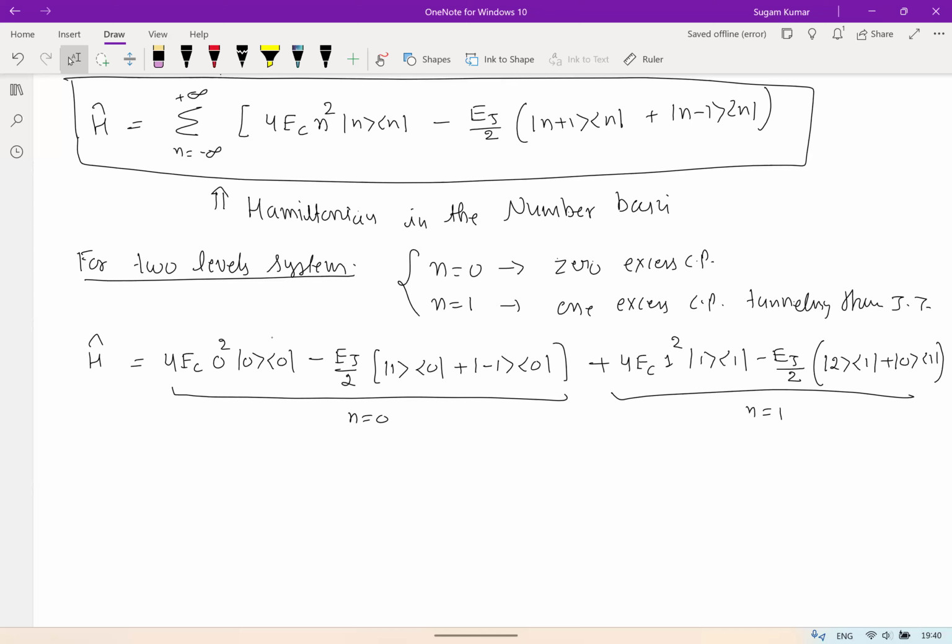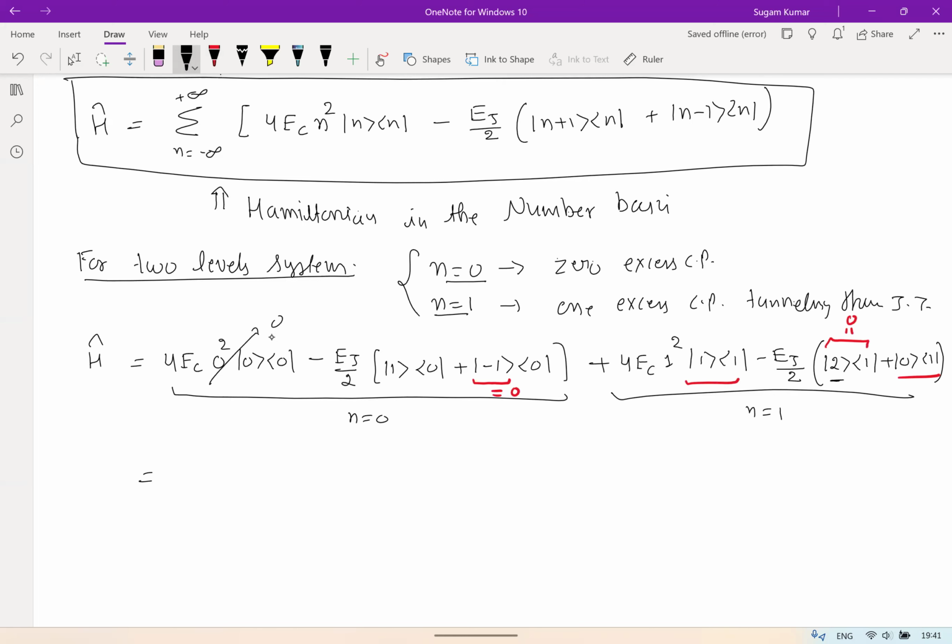Now see, since we are taking only n equal to 0 and n equal to 1, these states will not exist. So it means we're not taking this part into account, and this section will be 0. This will be there. This will be there. Now look, we are not taking the minus 1, so this also is going to be 0. So finally, this energy becomes what?